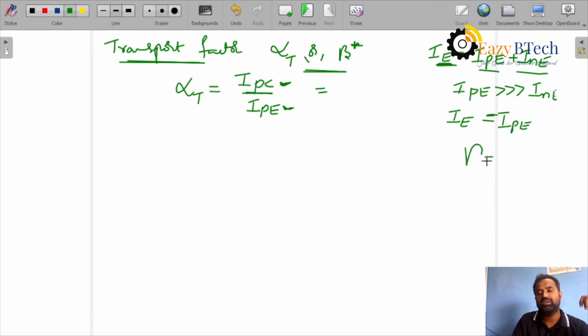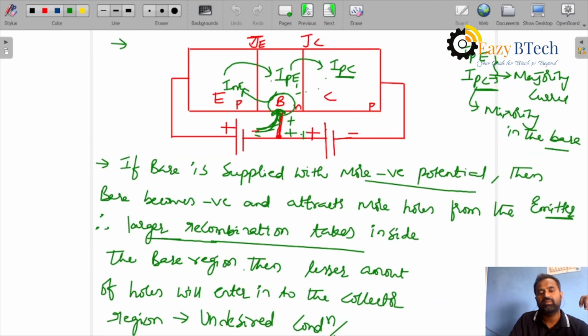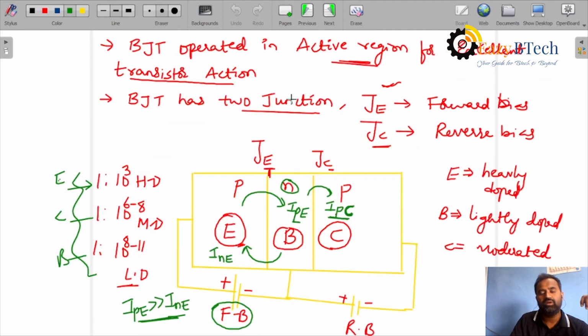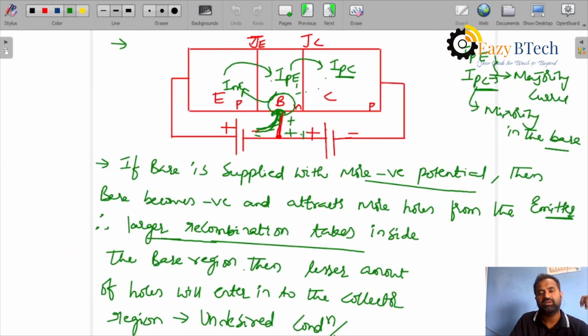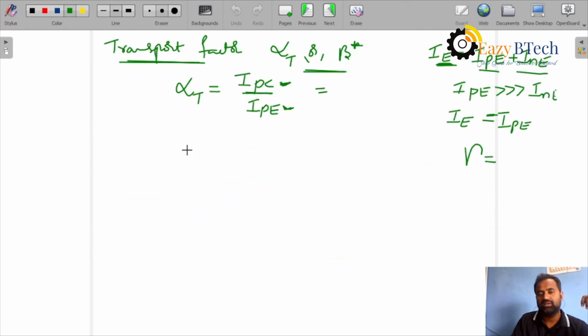And emitter efficiency, you can see here clearly. Now what is the emitter efficiency? Emitter efficiency can be represented as the current entering the base region.